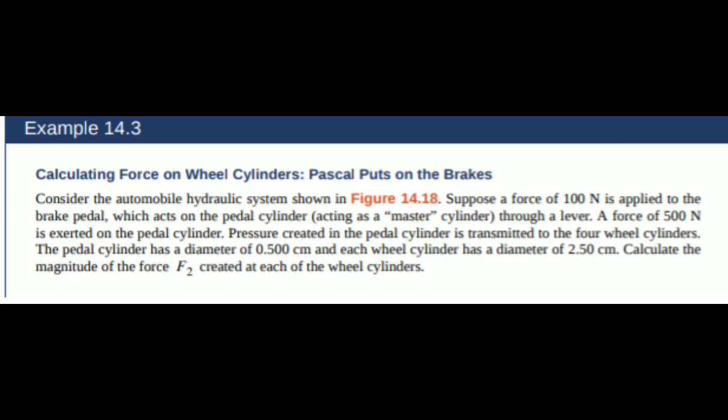Pressure created in the pedal cylinder is transmitted to the four wheel cylinders. The pedal cylinder has a diameter of 0.500 centimeters and each wheel cylinder has a diameter of 2.50 centimeters. Calculate the magnitude of the force F2 created at each of the wheel cylinders.